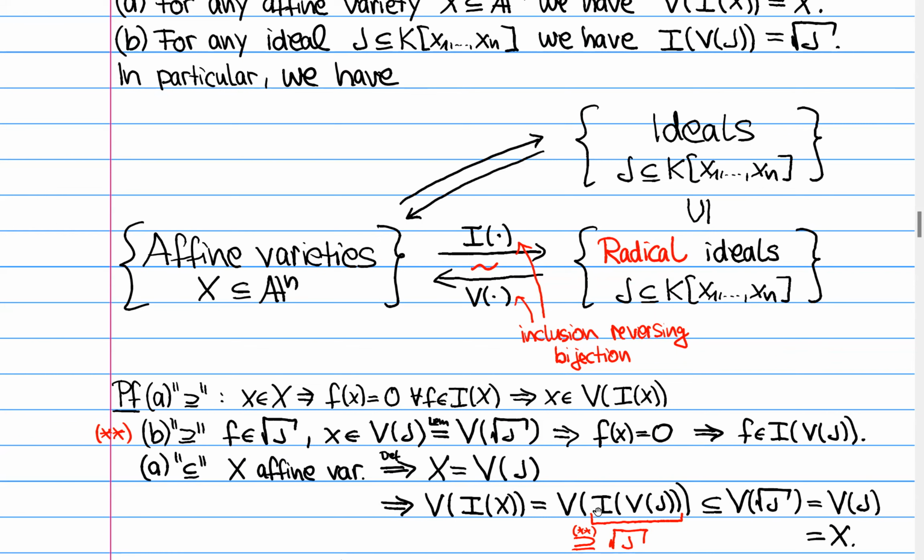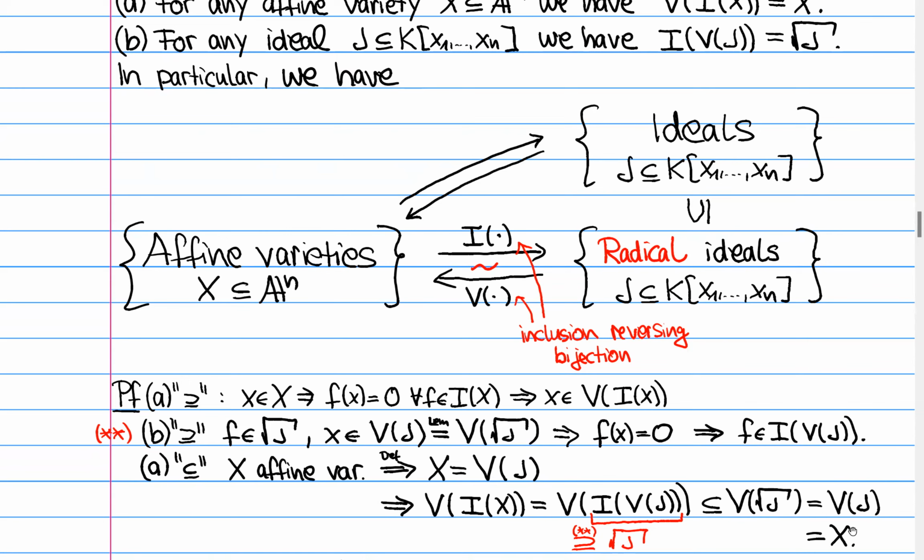So if you have this contained in here, then the vanishing set here is contained in the vanishing set of the square root of J. And then we use the same lemma that we had before, that the vanishing set doesn't change under taking the radical. And then we have simplified this expression to just V of J, but by definition, this was X. And so this shows indeed the vanishing set here is contained in X. So we have three of the four inclusions.